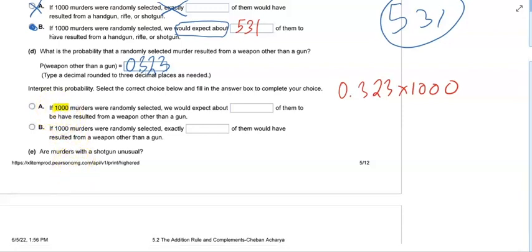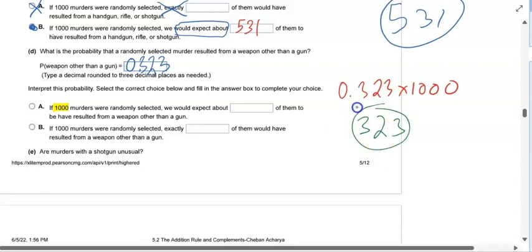This gives you 323. And if 1000 murders were randomly selected, we would expect about 323 of them to have resulted from a weapon other than a gun. That's the answer. Again, don't choose B. It says exactly, and exactly is not an interpretation of the probability.